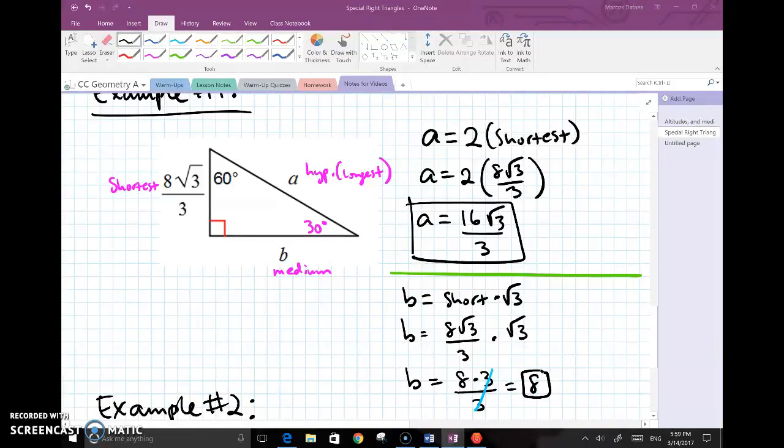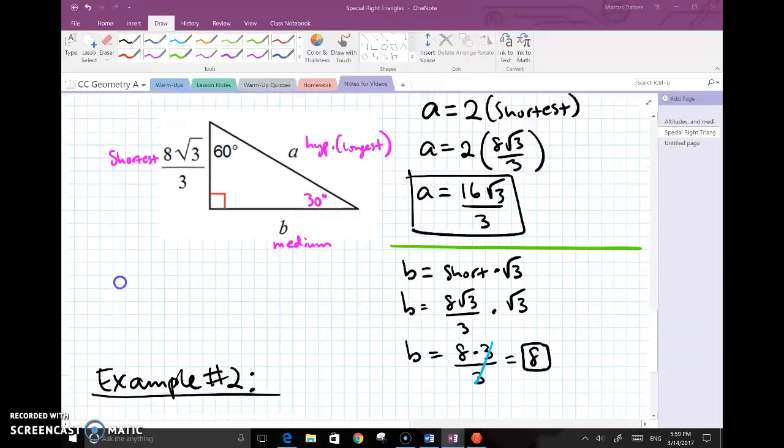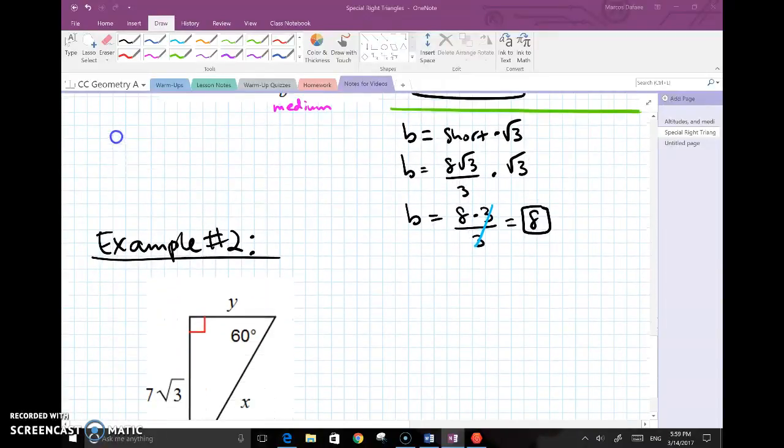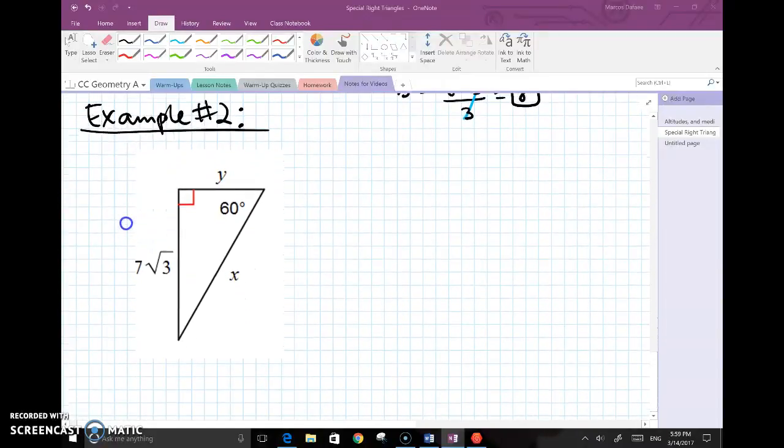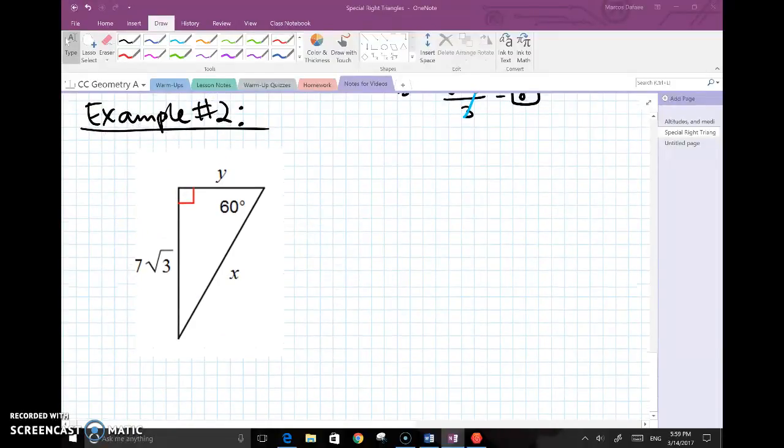So this is the first example. In the second example, again, I have to note what I have and where everything is placed. So in this second example, right away I notice that my 60 degrees is here, which means that the side opposite of that, which is here, this must be the medium length.